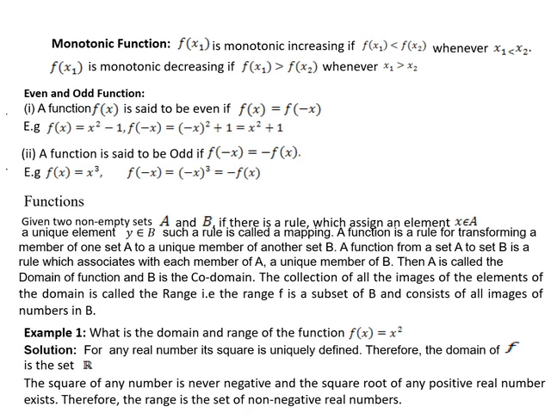Now we want to explain what is called mapping. We say that a mapping is a relation which associates every element from domain S into corresponding elements in codomain Y. That is mapping.